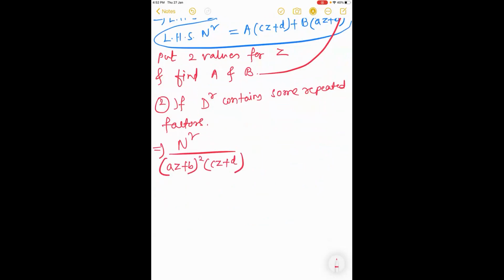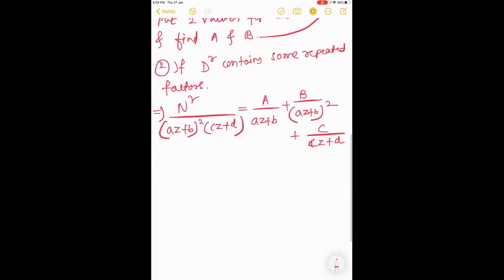Repeated means twice, degree 2. What is the total degree of the denominator? It is 3, so there will be 3 unknowns, A, B, C. So A upon az plus b, now see the way I am writing the fraction form, B upon az plus b the whole square, and plus C upon cz plus d, the third factor.